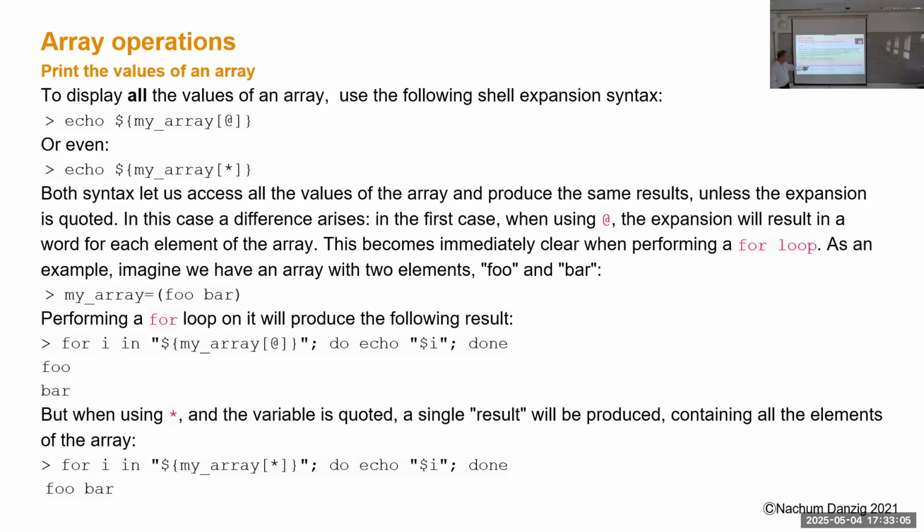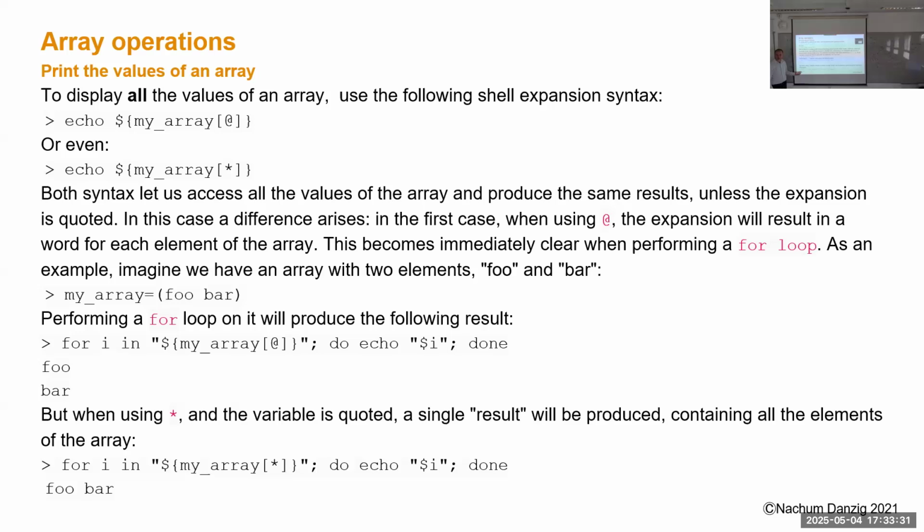But if I use the star and do the same thing with quotation marks, it's just going to print foo bar as one line. Why? Because it's as though I wrote for I in quote foo bar quote. Well, foo bar in quotes means treat foo bar as one element.